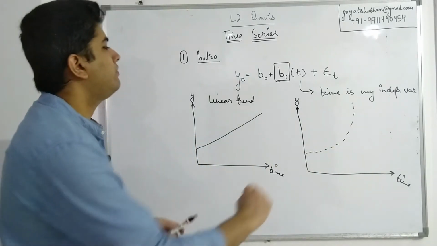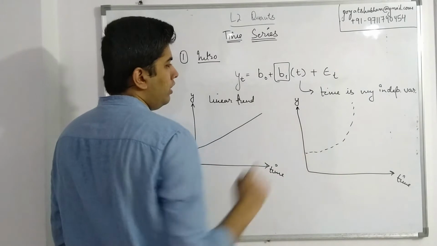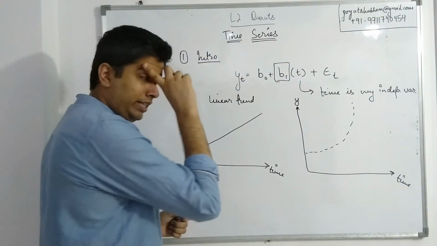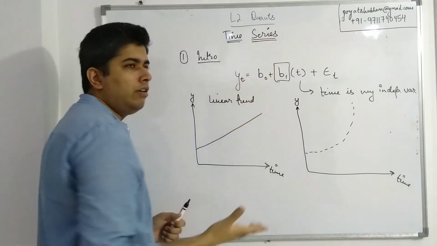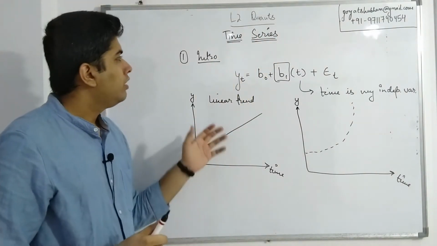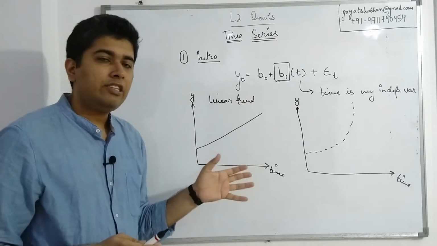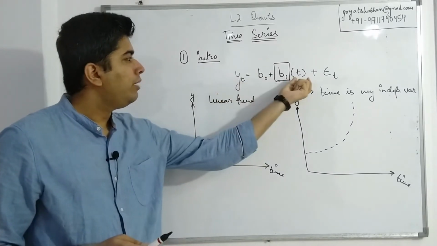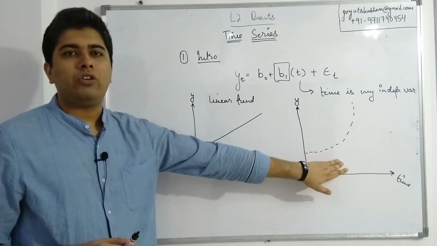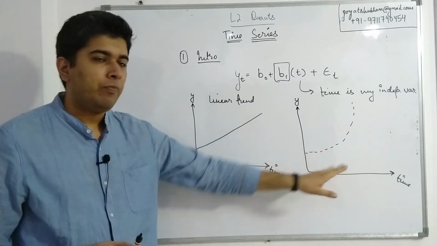Now, in the case of exponential growth, if you remember all the way back to linear regression, because at the end of the day, time series is still a linear regression at its very core, the assumption was the relation between dependent and independent variable has to be linear. In this case, the relation is not necessarily linear.